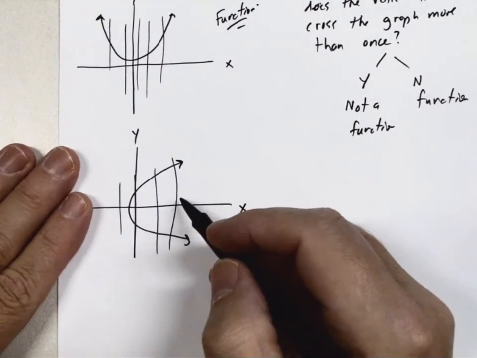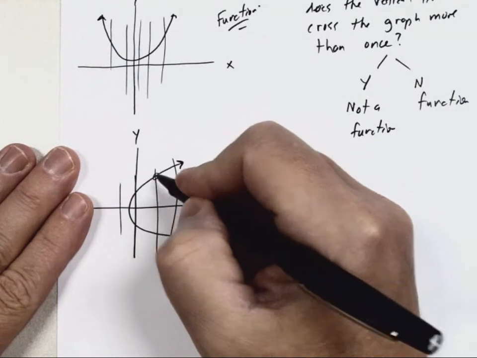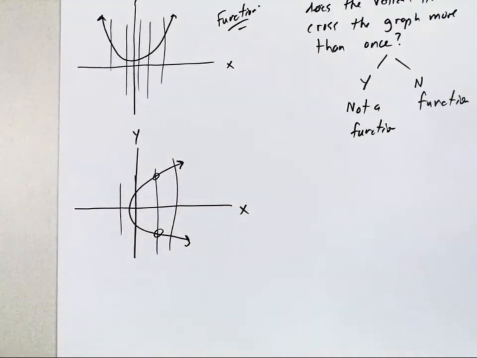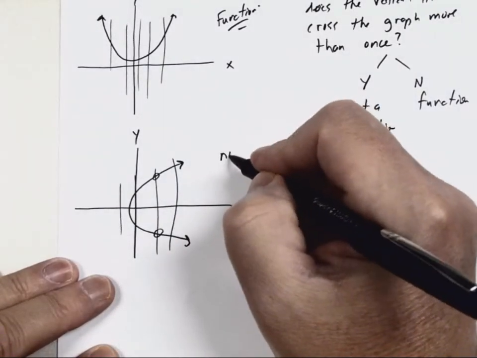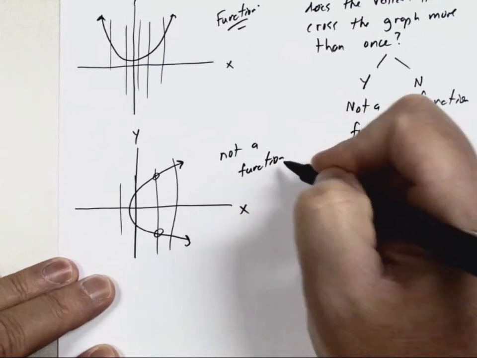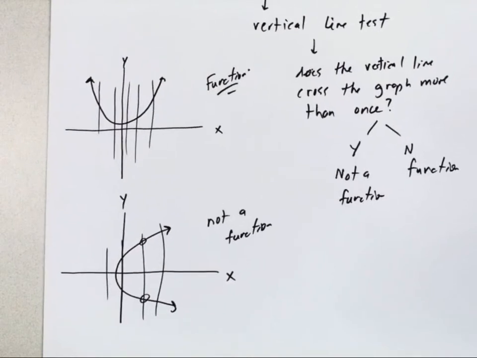If I go down here, I look at these vertical lines, I notice like right here, it crosses the graph once, crosses the graph twice. If it crosses the graph more than once, it's not a function. So when you're given a graph, and you're asked, is it a function?